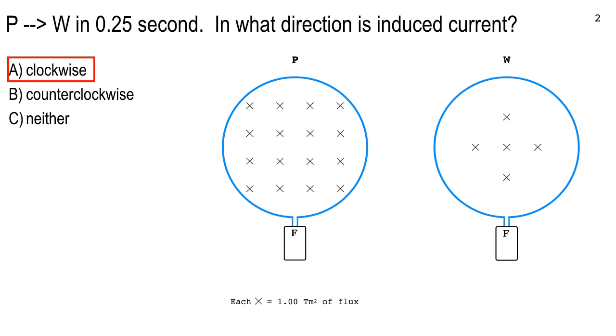All right. CJ. If we went from W to P, which you could do, you start with the magnet way out here and you bring it in close to P, then you'd want to defeat these ones with some of these ones out of the page, and that would be counterclockwise.